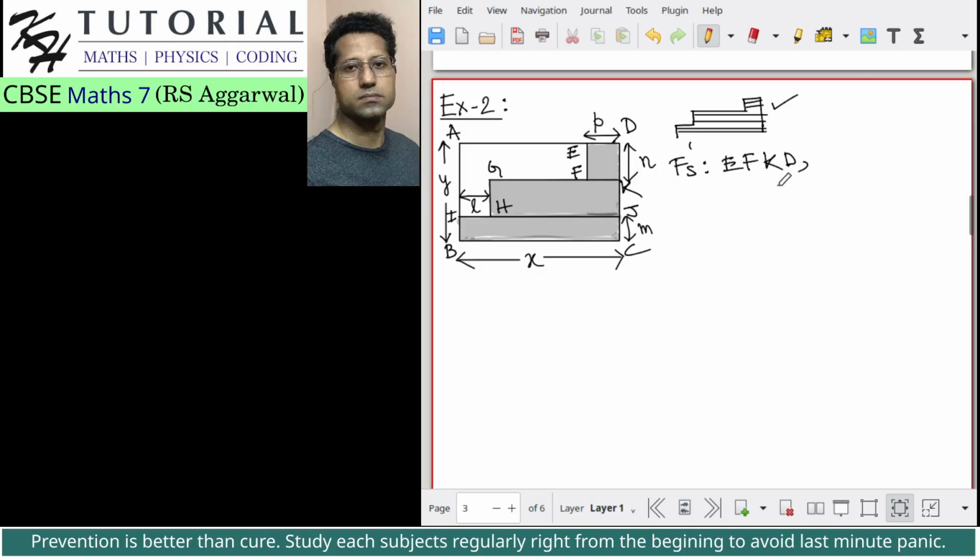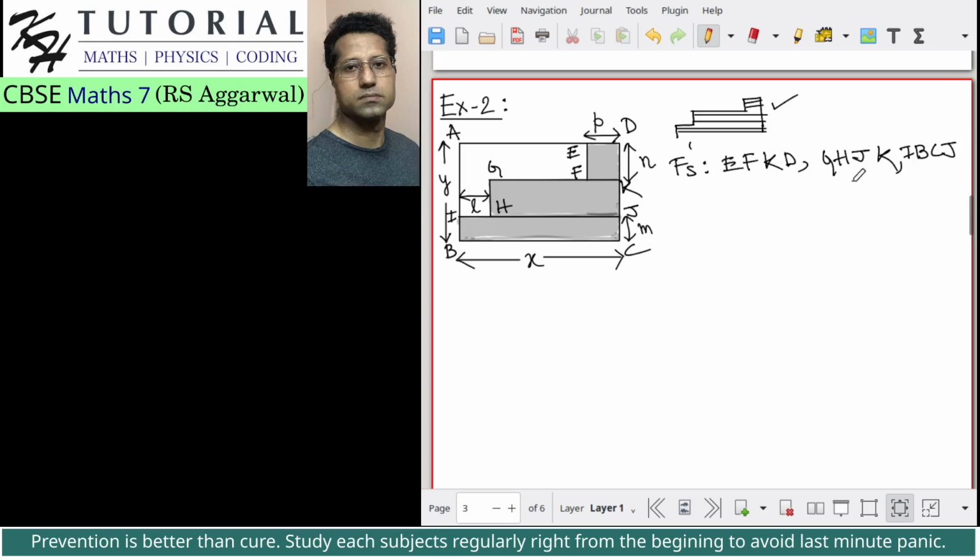So the first figure is the rectangle EFKD, the second one is GHJK, and the third one is IBCJ.